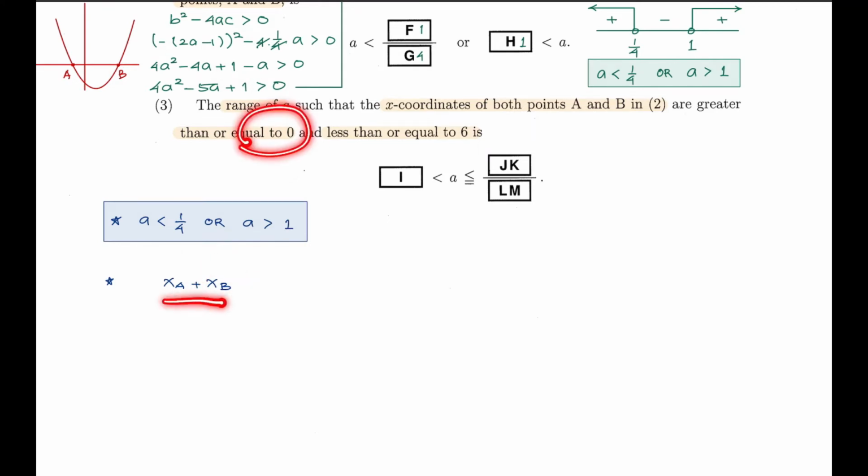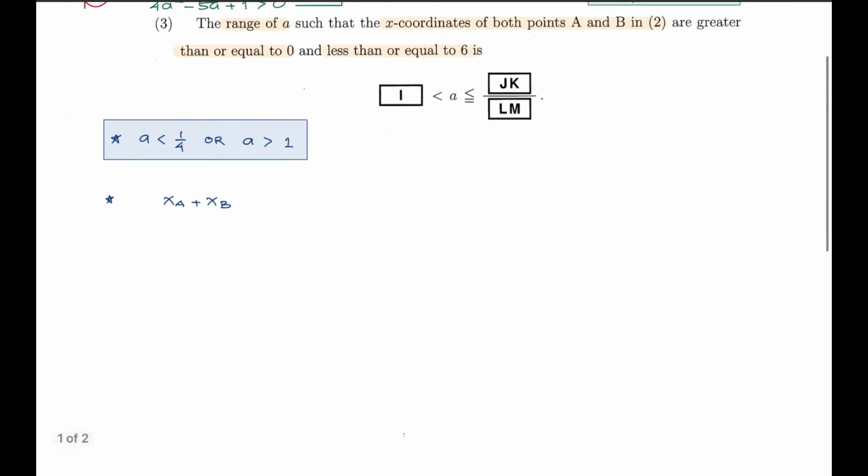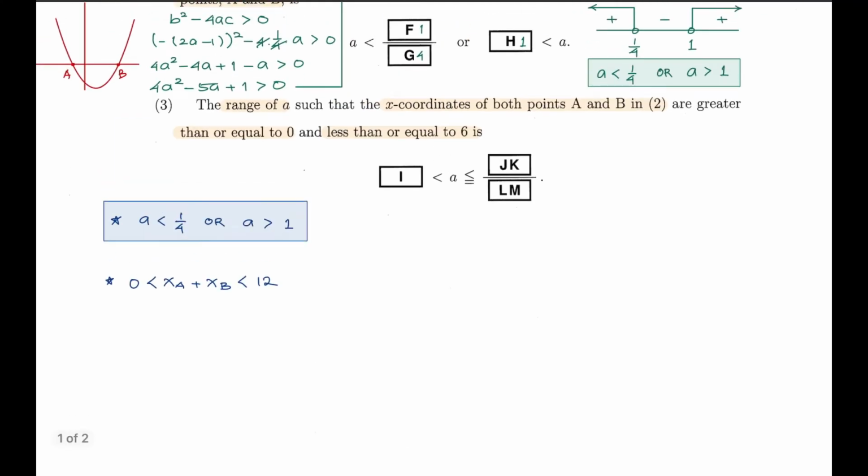So xa plus xb must be between 0 until 12.